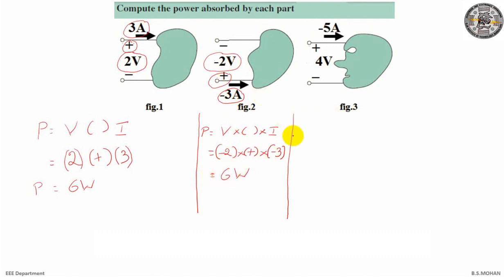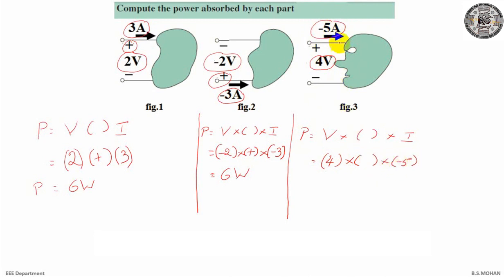Now let's see the last case. The formula is the same. P is equal to V into parenthesis into I. Now what is V? As you can see, V is actually plus 4. So write down plus 4. Parenthesis we'll see later. And then what is I? I, you can see, is minus 5. So let's write minus 5.